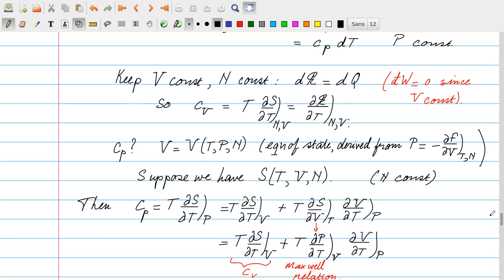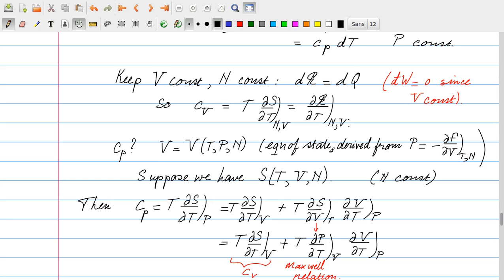Now could we do the same for CP? In other words, could we also write CP as dE/dT and then change the V here by a P? Well, that turns out not to be the case. In fact, if we analyze this, we start by writing the V as a function of T, P and N. Well, N is kept fixed, so that's not so important, but for a gas we always look at the so-called equation of state.